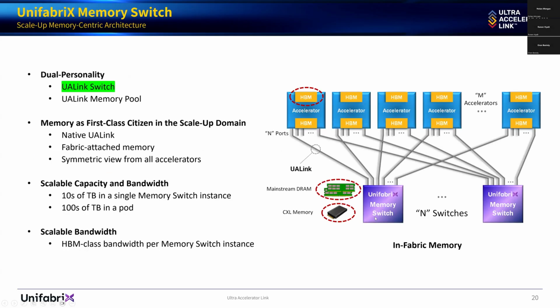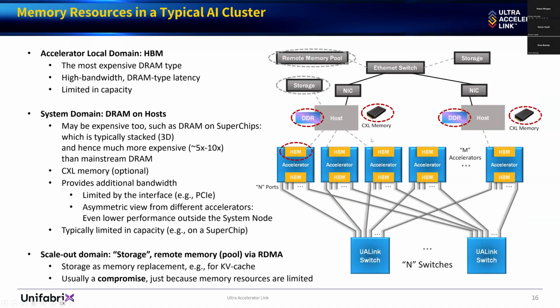For example, when the UniFabrics memory switch uses memory resources, it could use mainstream DRAM or use CXL memory as one resource. It can be used on the host itself. CXL memory that augments the DDR on the host, which is available to the accelerator. And CXL can also be used as the native interface between the accelerator and the host itself.